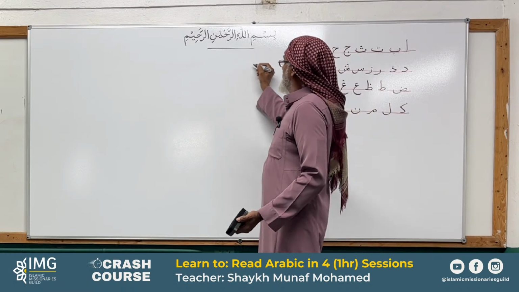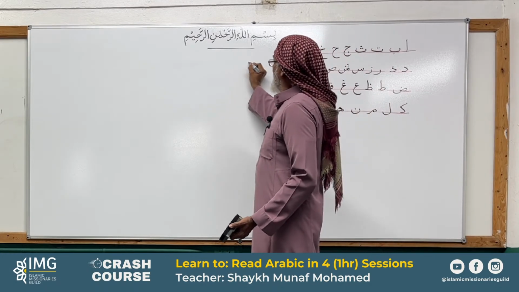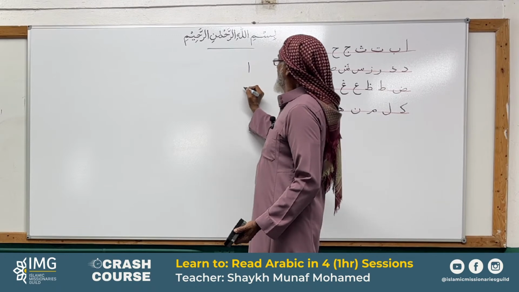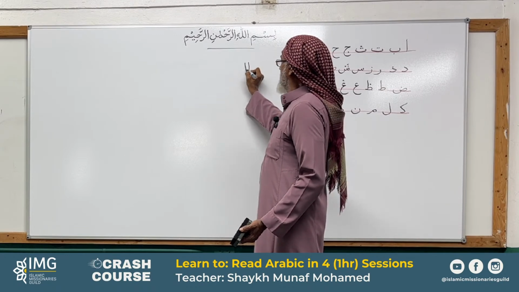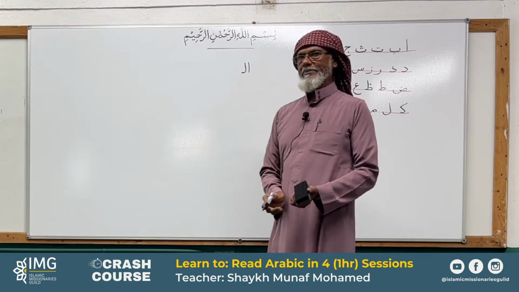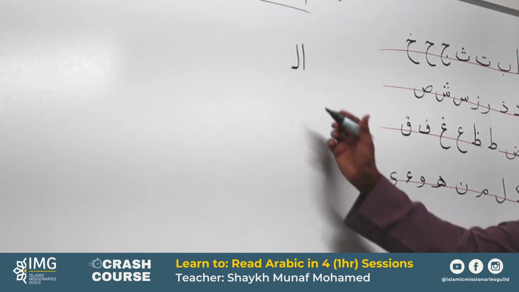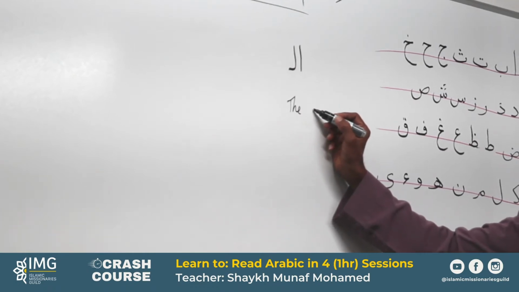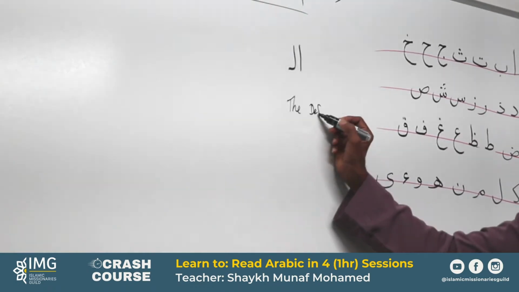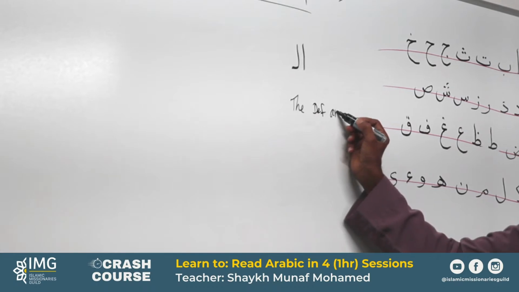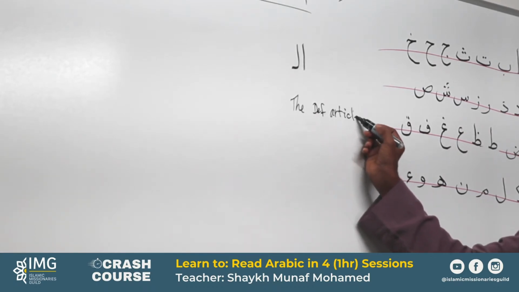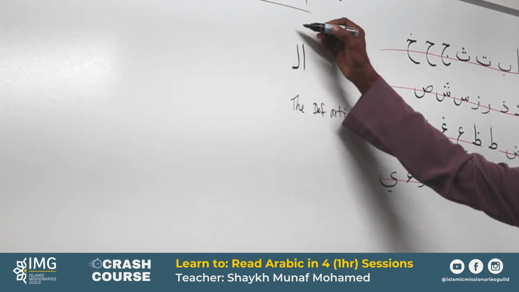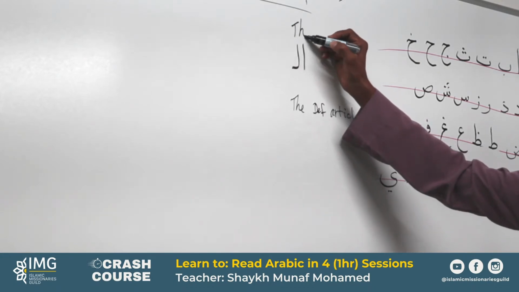You have the alif again, but when it goes with a lam. This is referred to in English grammar as the definite article. Basically, it could be translated as the.